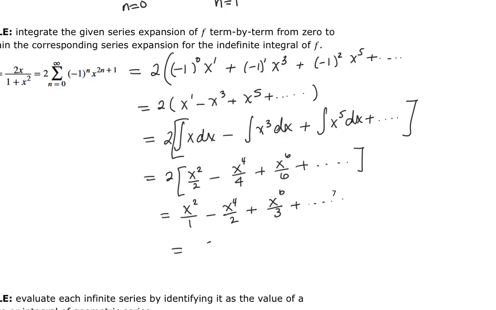This then becomes the series as n equals 0 to infinity. I have negative 1 to the n. That will give me positive and negative, that's right. Then I'm going to have x raised to the 2n plus 2. Let me just do a quick check. Put in 0, I get 2. I put in 1, I get 4. I put in 2, I get 6. Yeah, that works out. And then in the denominator, it looks like it's going to just be n plus 1.